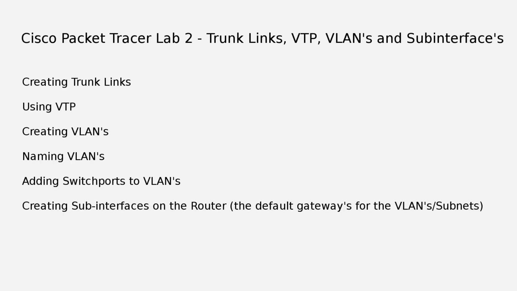Okay, so we're going to add switch ports to VLANs, and then we're going to look at creating subinterfaces on the router, and we're going to continue from the network that we finished configuring in Lab 1, which was the Devices and Configure and Connections lab.